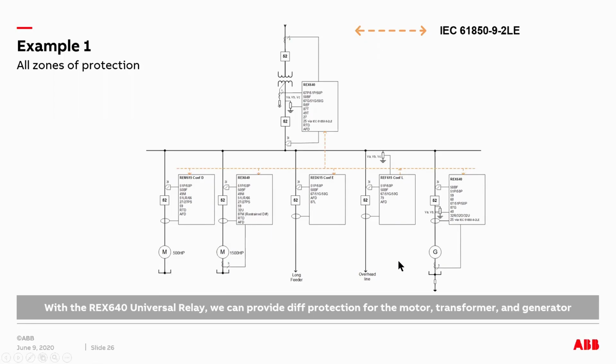Okay, the same thing we can do for generator protection. So the generator has an REX 640 relay also with a similar arrangement. The phase side has a current sensor, and the neutral side has a traditional CT. And of course, the voltage comes from the voltage sensor.